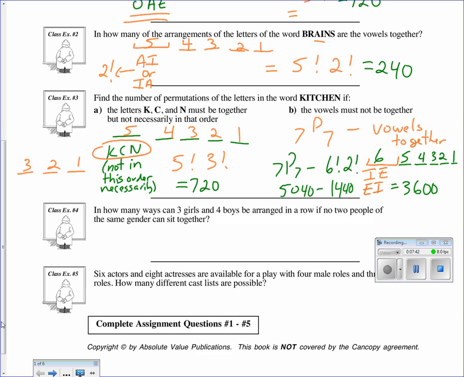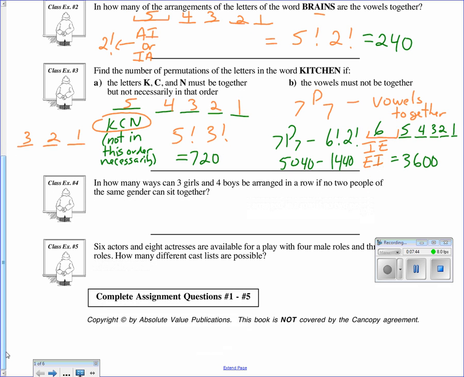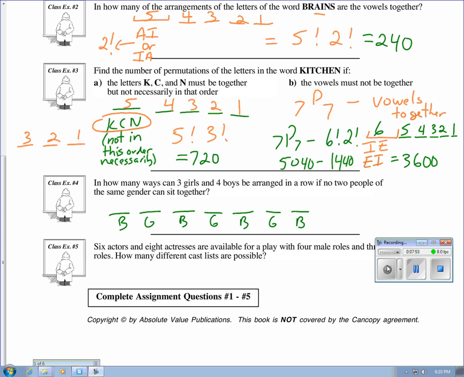So working with that idea of the fundamental counting principle, I'm going to arrange girls and boys in a row, and no 2 people of the same gender can sit together. Let's draw that out. Now I had to start with boys because I had more boys than girls, so that kind of fixed my hand there. How many boys are there?